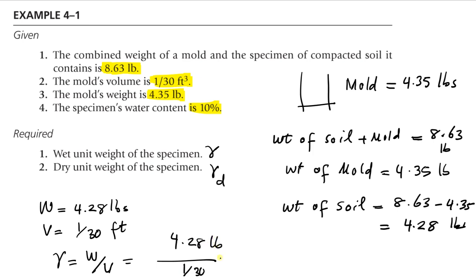So this is pound and this is cubic foot. So this will give us 128.4 pound per cubic foot. Okay, so we got gamma as 128.4 pound per cubic foot, and the water content is given as 10%.